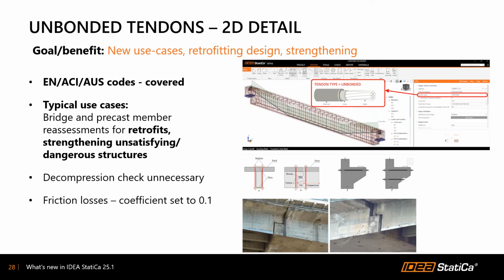Basically, the outputs are aligned with the bonded logic, skipping anchorage and decompression check, allowing engineers to handle complex reinforcement tasks efficiently and bring new life to the existing structure. So you are able to design more use cases and use it for retrofitting and strengthening purposes.